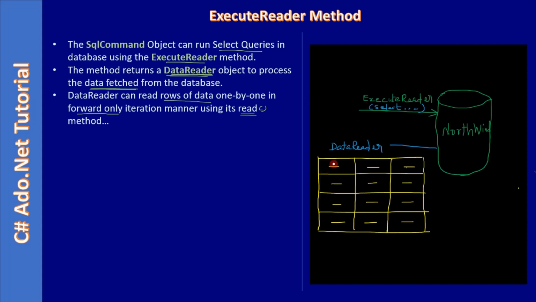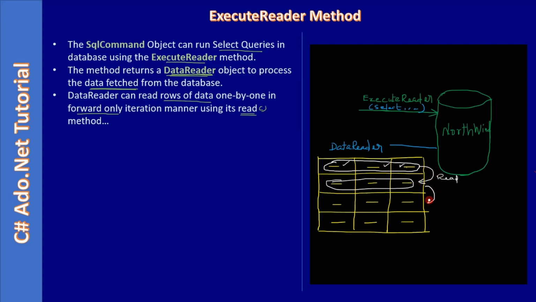The very first time the record pointer will be pointing at this location, and once you make a Read, it will retrieve all these values, and at the same time it will advance the record pointer to the next record. Right? Using the Read method, you fetch the content and advance the record pointer.